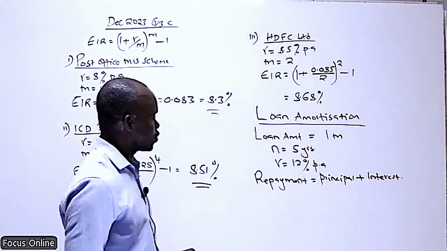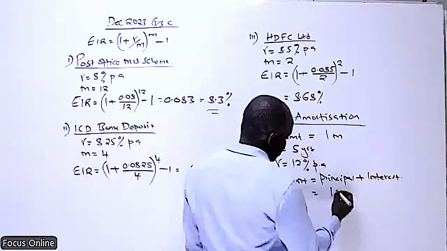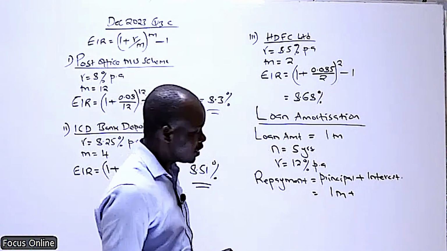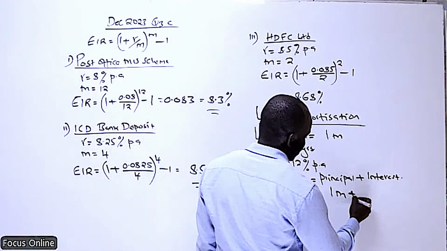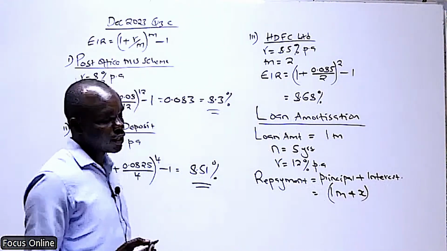You borrowed 1 million, so that is the principal, but you are going to repay the 1 million plus an interest amount that we don't know. Say X. That is the total amount payable at the end of the period.